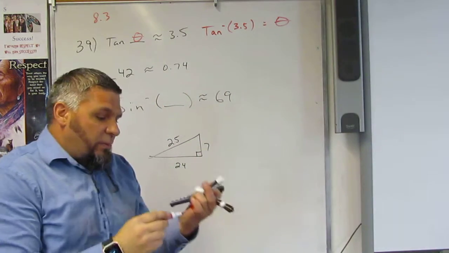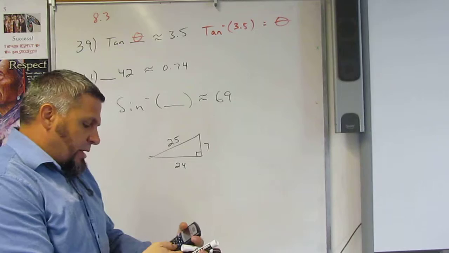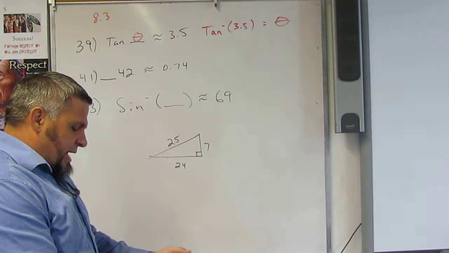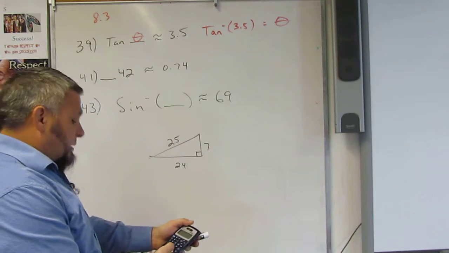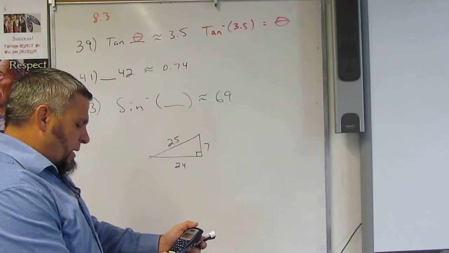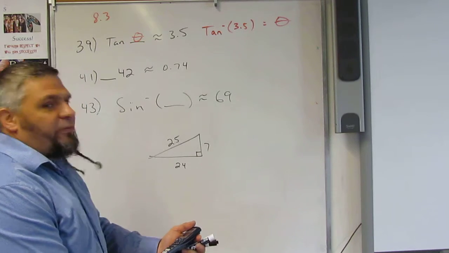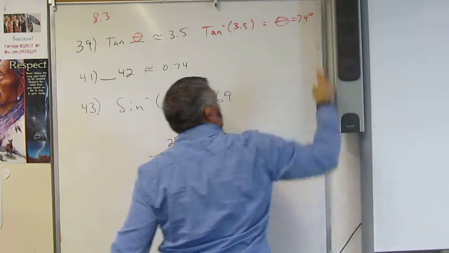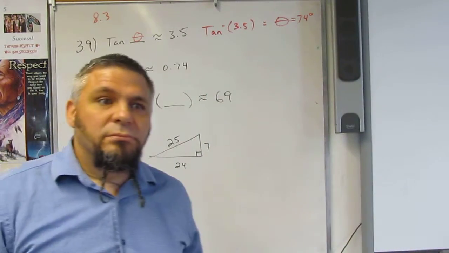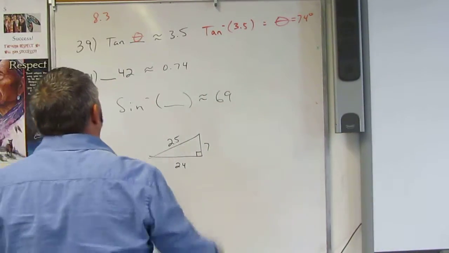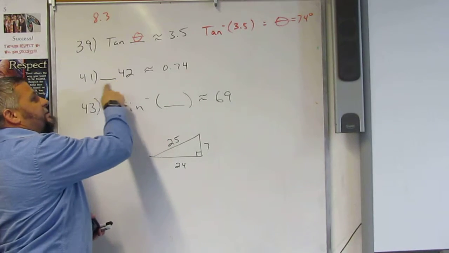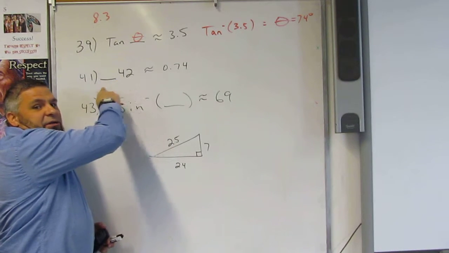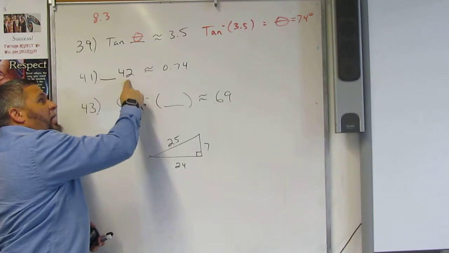We plug that in, second tangent, and then 3.5 equals 74 degrees. And that's it.